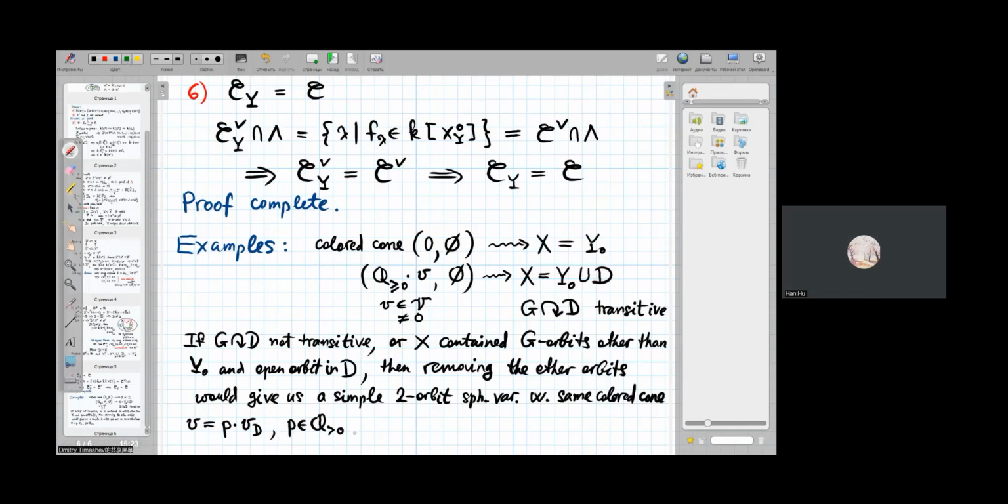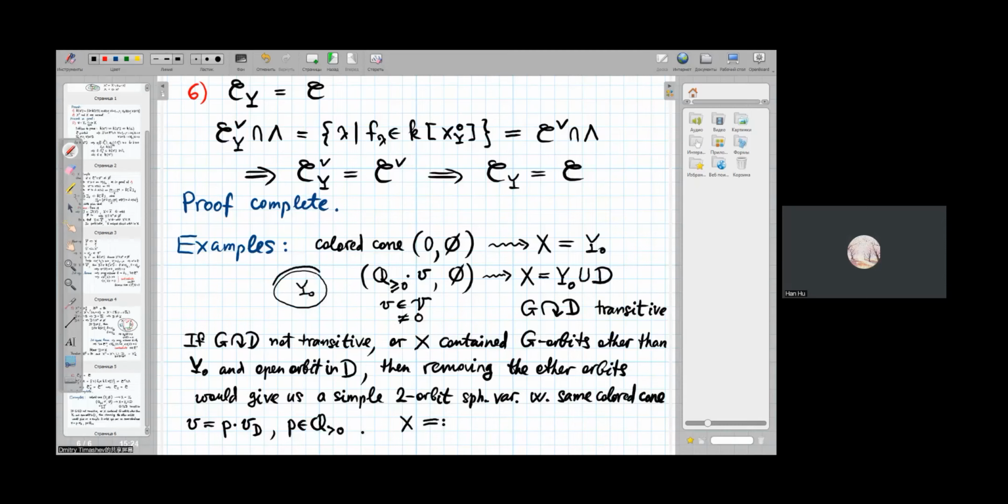So we know that X is the union of Y0 and D, and D is on the boundary. So we have the open orbit. Can we visualize how we paste D?